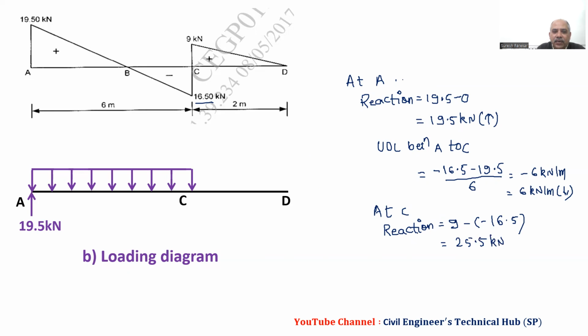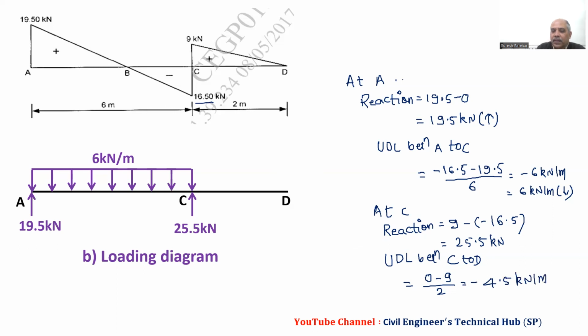So we have this reaction 25.5 kilonewton, and then UDL between C to D equals final shear force 0, initial minus 9, and span is 2, so it will be minus 4.5 kilonewton per meter. That means it is in downward direction. So now we can see this, it is in downward direction.